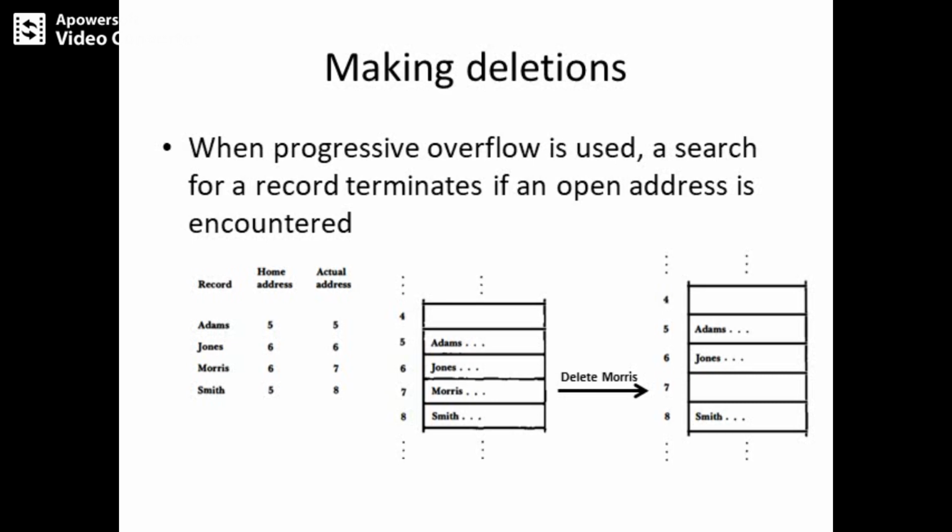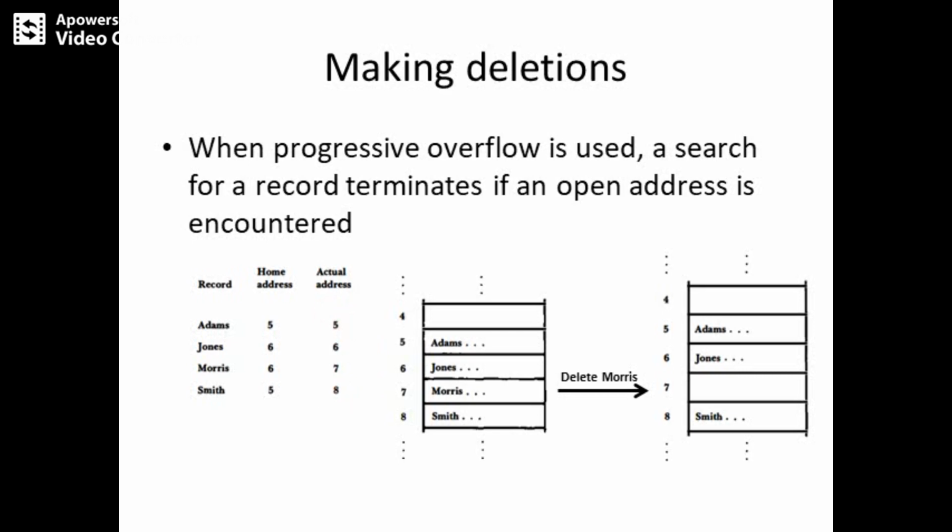So what exactly can we do to overcome this problem? We will consider an example. Say these are the different records you have, and these are the home addresses, and I have stored them using the progressive overflow method, and this will be our actual addresses after inserting into the home address.